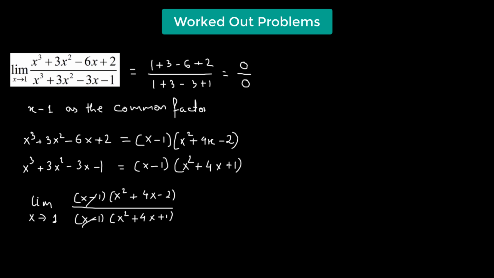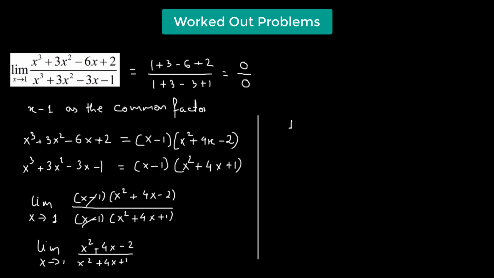So the common factors get cancelled out, leaving us with the limit as x goes to 1 of x squared plus 4x minus 2, divided by x squared plus 4x plus 1. Now we are going to substitute the value of x by positive 1.